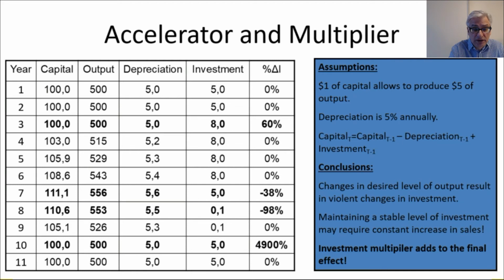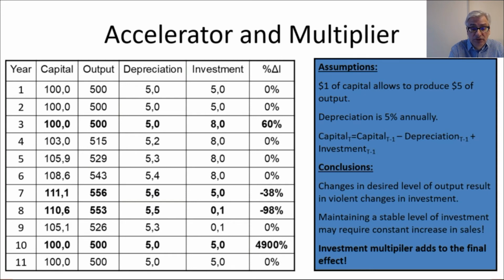In the year 10, when we actually got to our desired level of capital, well, we want to keep it. So in the year 10, we want to cover our depreciation with investment. Depreciation being 5 for the year 10, so our investment is 5 again. So again we go to our supplier and say, all right, for 2 years we bought nothing from you, but now we want to buy machines for $5 million, which is again a huge increase.